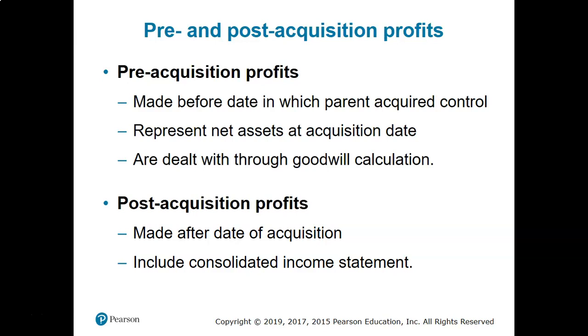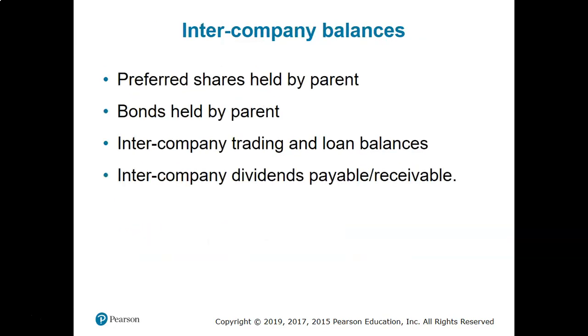This figure comes from the consolidated income statement of the group. And intercompany balances: any balances of the subsidiary to the parent, or the parent to the subsidiary. These include, for example, preferred shares held by the parent. Some of the preferred shares may be owned by the parent company.